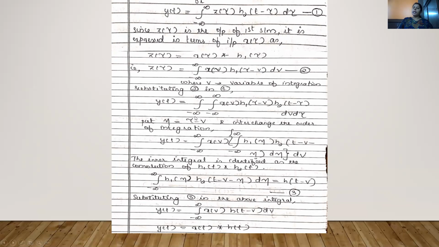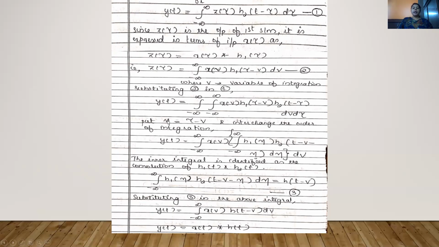So are you getting two integrals? One integral will be with respect to tau, another integral will be with respect to v. Okay, x of v, h1 of tau minus v, then this portion, h2 of t minus tau dv d tau. Now in this, I'm going to substitute tau minus v. Actually, both these are extra variables. So this tau minus v, I'm going to assume as a new variable eta.